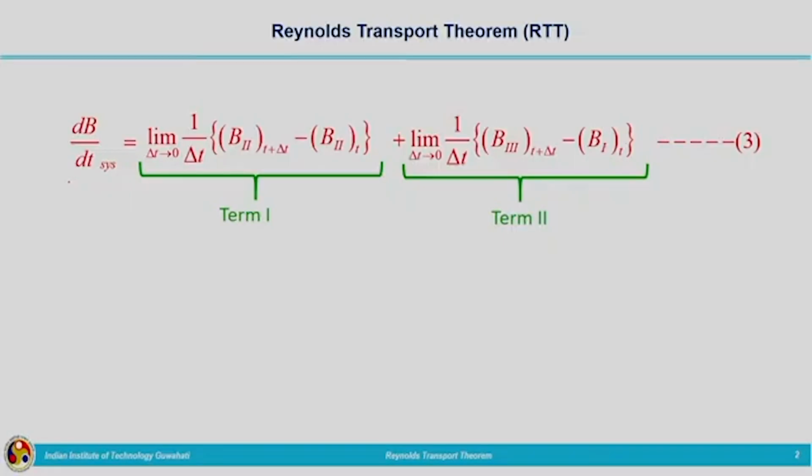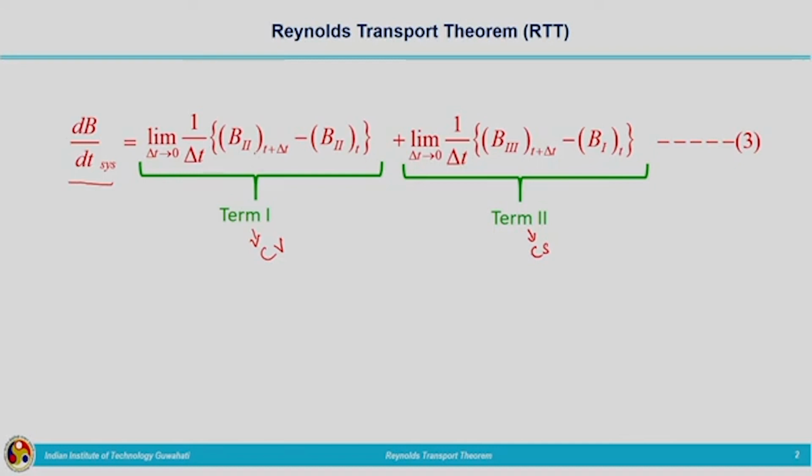Time rate of change of extensive property of the system is related to two terms. The first term was related to the control volume, and the second term was related to the control surface. You can see here, this is B2. As delta t tends to 0, region 2 coincides with the control volume.